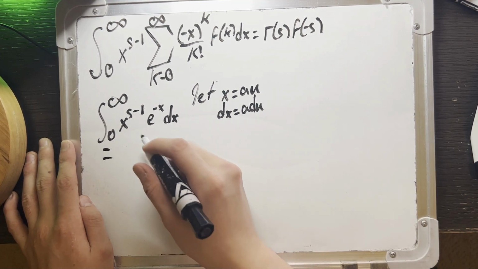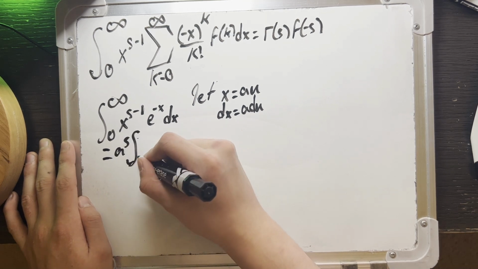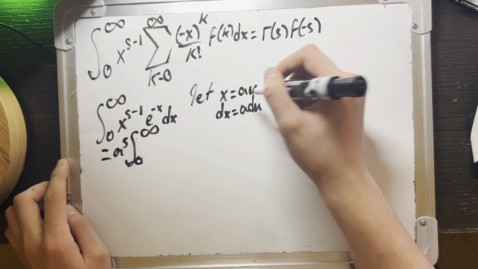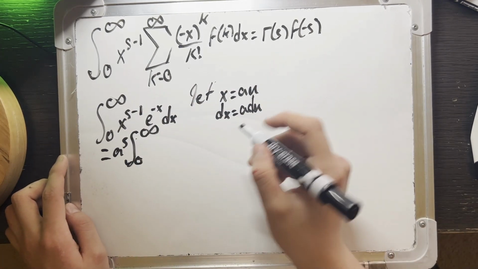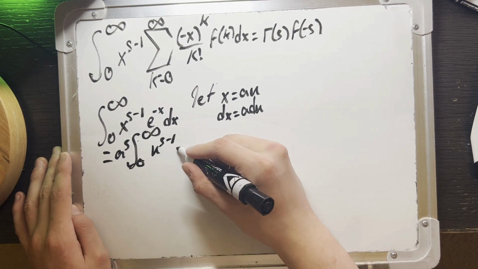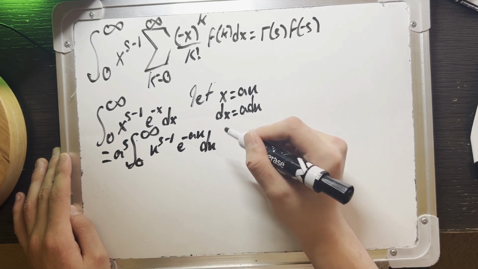Then that's going to provide the transformation a to the s times the integral from 0 to infinity. Bounds are the same, because you're just multiplying by a. That'll still be 0 to infinity, of u to the s minus 1 times e to the minus a u du.